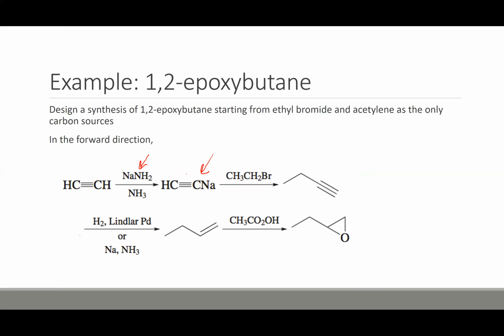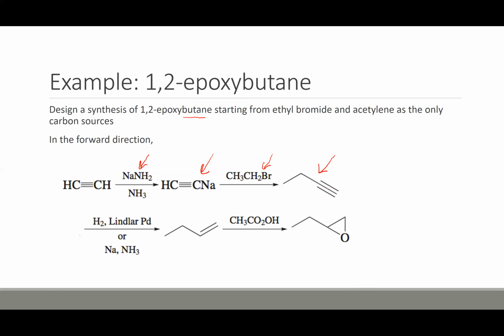This acetylide ion can then be extended using our ethyl bromide. This extends the chain by 2, so we get this product. Now we have our chain length.